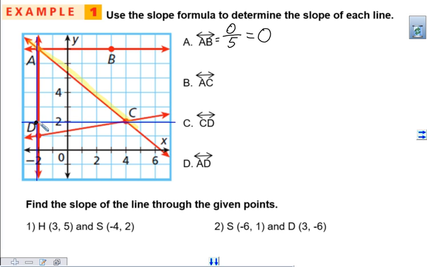So A to where that intersection is 1, 2, 3, 4, 5. So we went down 5, so that's a negative 5 because we went down 5. And then we're going to go right 1, 2, 3, 4, 5, 6. And it doesn't reduce anymore, so our slope is negative 5 over 6.